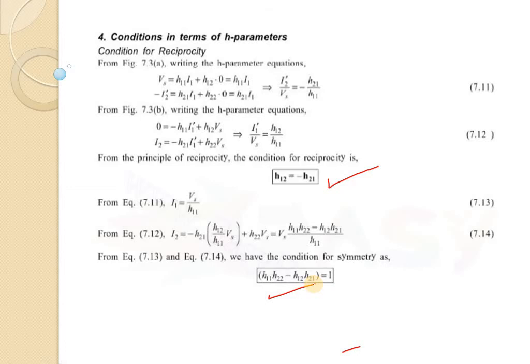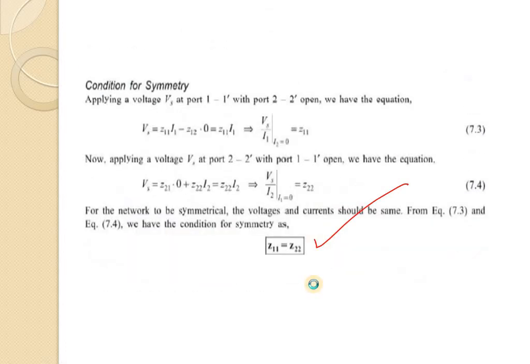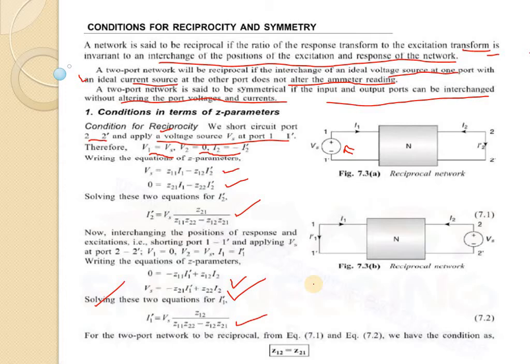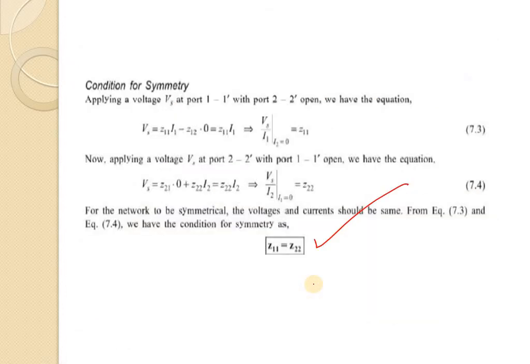So these are the basic relationships of reciprocal and symmetrical networks. Let us brush up again. For Z parameters, the relation for reciprocity is Z12 equals Z21, and for symmetry it is Z11 equals Z22.